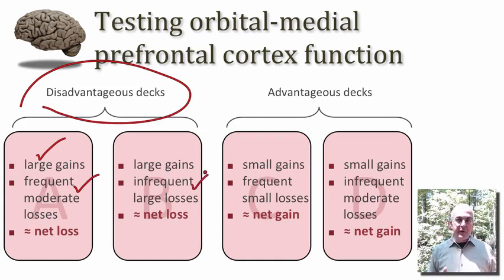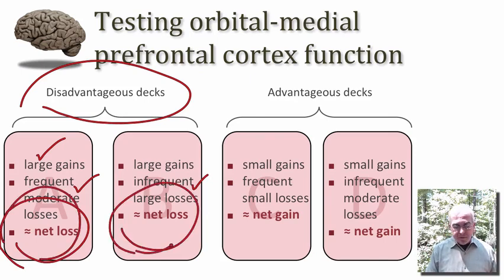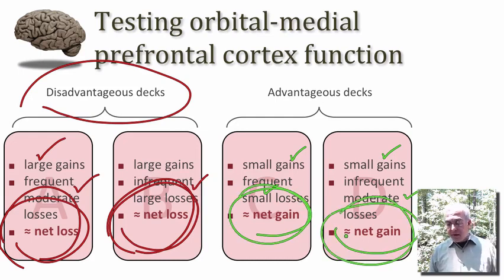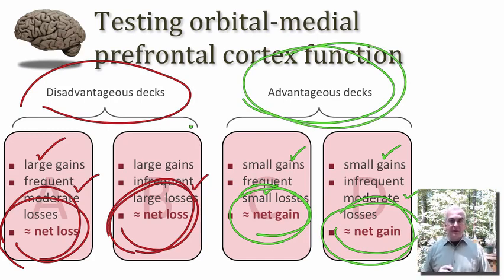The aggregate result of drawing from these decks over the course of the experiment is a net financial loss if patients choose from decks A or B. However, if patients draw from decks C or D, there may be small monetary gains, but the losses are either small themselves or much more infrequent and more moderate. So this is a more conservative strategy that leads to net financial gain, and over the outcome of the experiment we might consider this an advantageous decision-making strategy.